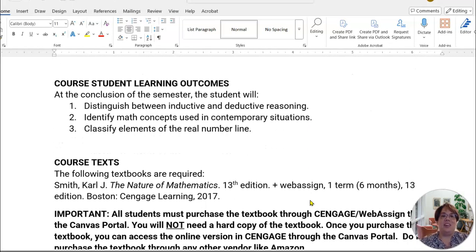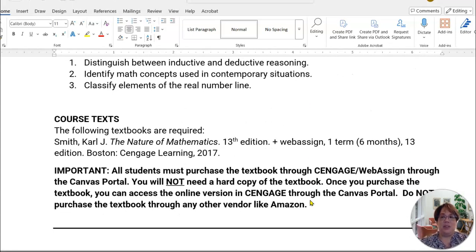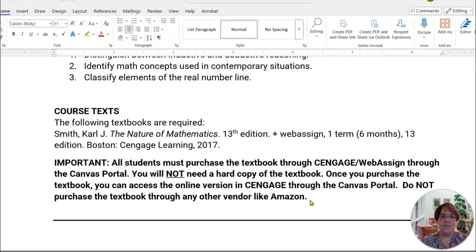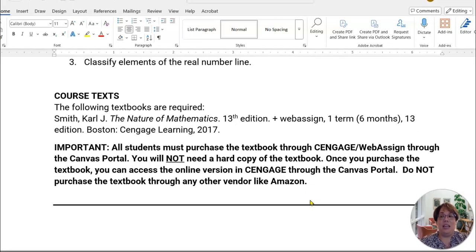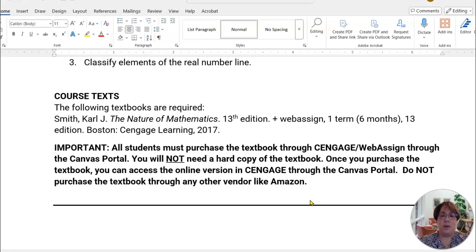Okay, there is one textbook for this course. The textbook is The Nature of Mathematics, the 13th edition. Now, this is very, very important: this textbook you need to purchase through Cengage.